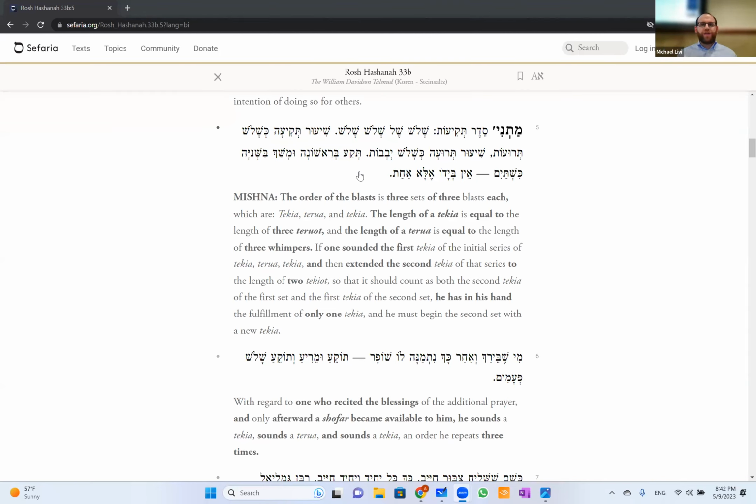Now, rule number 3, Tekiah barishona umashach b'shniya. We've seen this before. Remember how we said the tekiah is the outro and it's also the intro? It's the intro and it's the outro. So what happens if you're doing the outro of the first set of 3 and you roll through that stop sign and you go into the intro of the next tekiah? So you get the right amount of time, but you don't break in the middle.